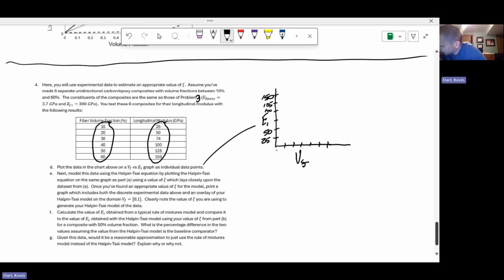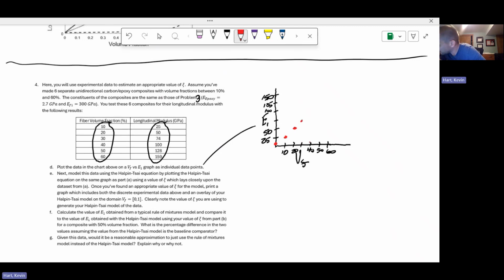At a volume fraction of 0, we have the elastic modulus of the matrix, which is 3.7. And then as we go, we can just put the values in. At 10%, it's 25. At 20%, it's 50. At 30%, it's 74.